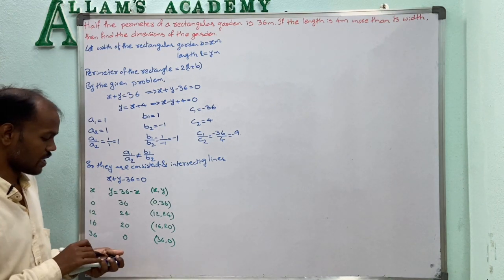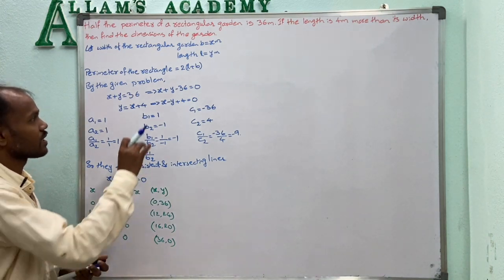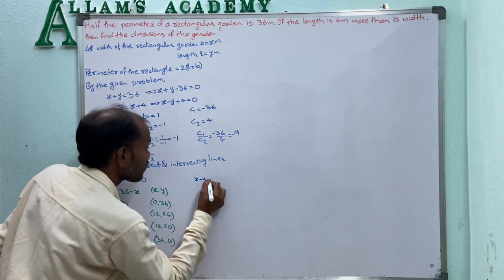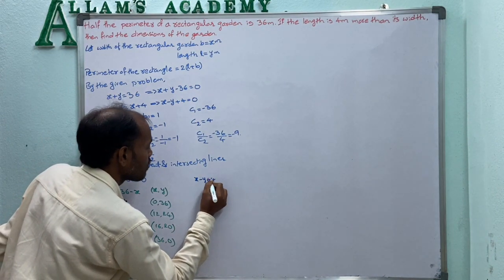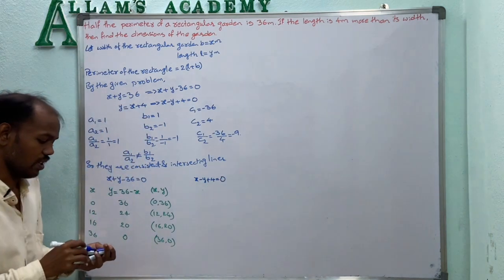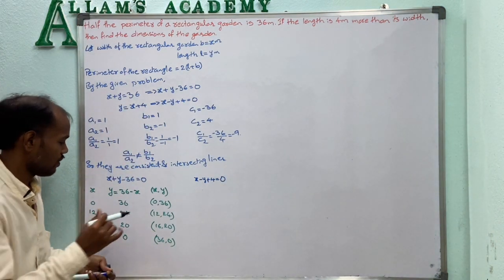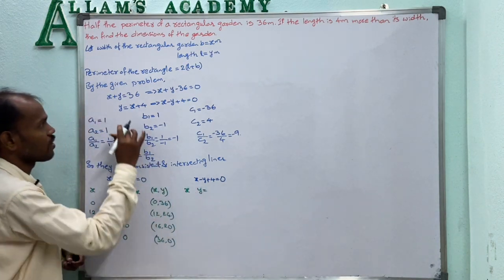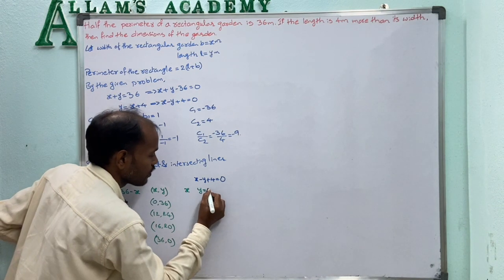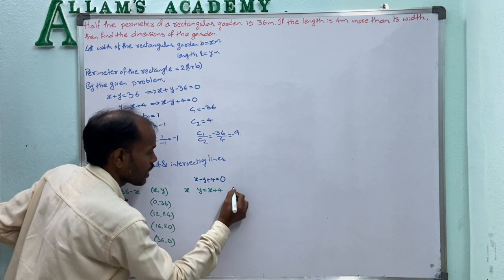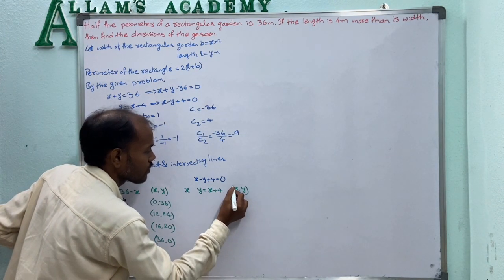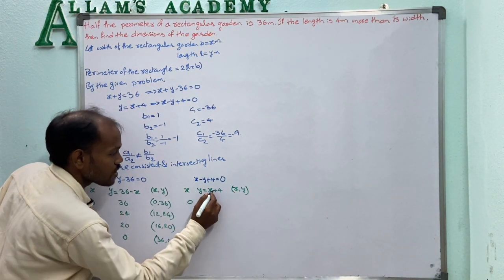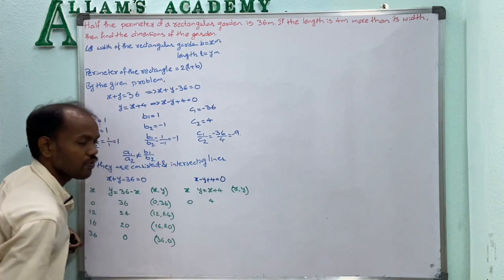Now for the second linear equation, x minus y equals 4, that is x minus y plus 4 equal to 0. Observing the corresponding y equals x plus 4. If we substitute x equal to 0, 0 plus 4 equals 4.